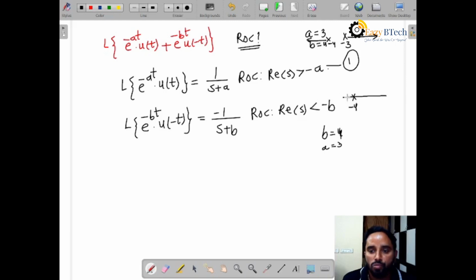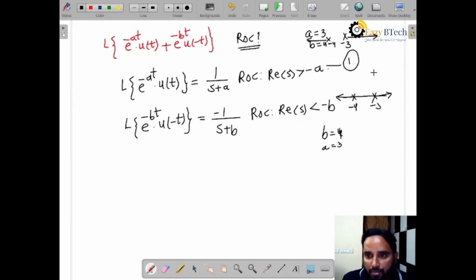Less than -4 means left side, and greater than -3 means right side. So the ROC is not common here again. So the Laplace transform does not converge.